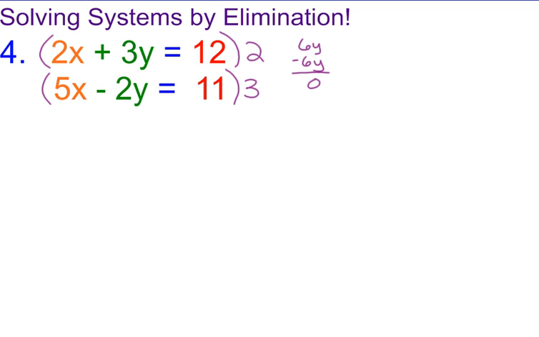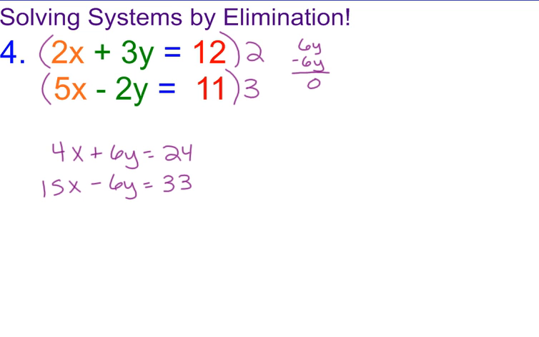And when I add those together, I would get 0. Thus eliminating that variable. So I'd go ahead and distribute that 2 to all 3 parts though, not just the y's. So I'd rewrite my top equation as 4x plus 6y equals 24, and I'd rewrite my bottom equation as 15x minus 6y equals 33.